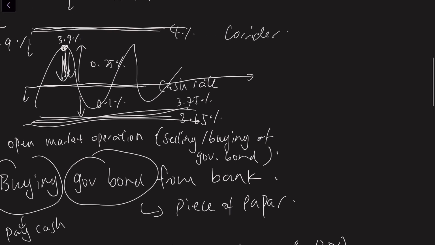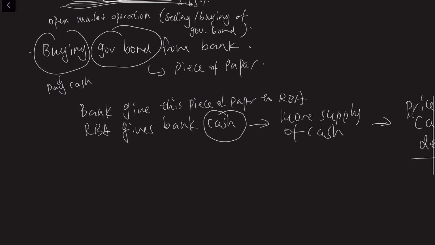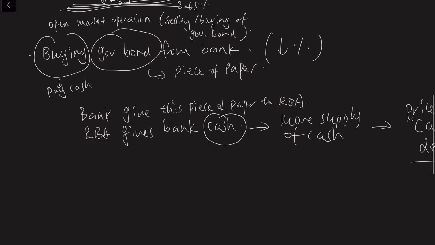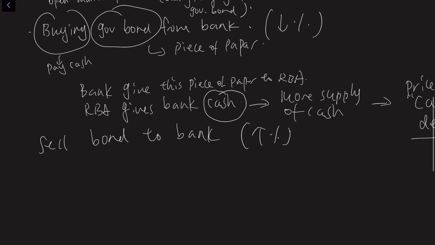So when the actual cash rate is lower than the target, maybe 3.7%, it does the reverse thing. So buying bonds decreases the interest rate, and selling bonds to banks increases the interest rate. So why is this the case?